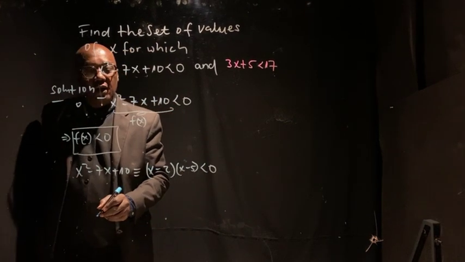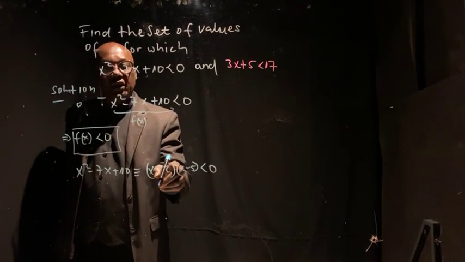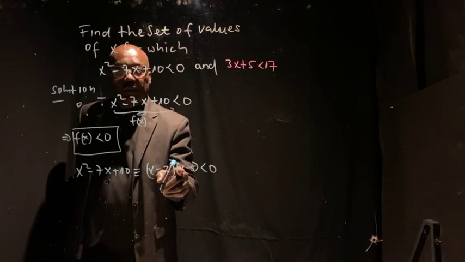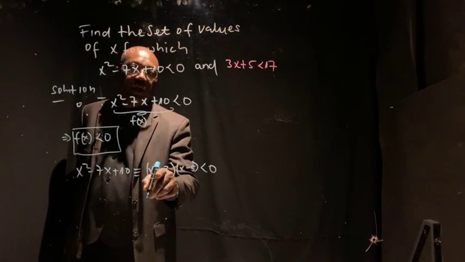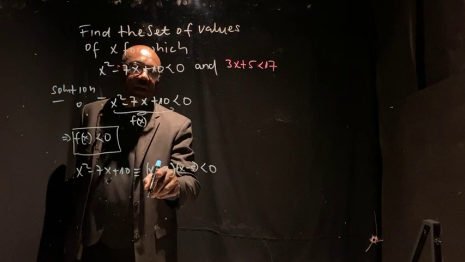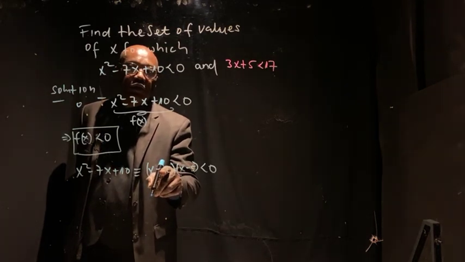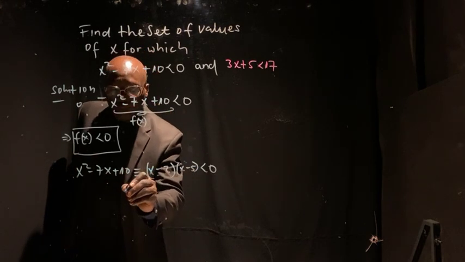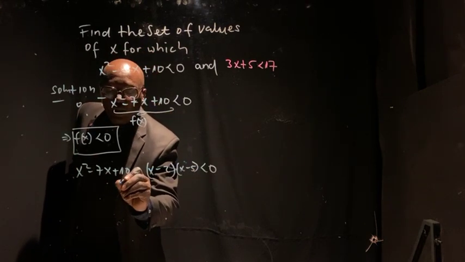If we scale this curve, the roots, where the function equals 0, are s equals 2 and s equals 5. So the graph thereof will be something like this.